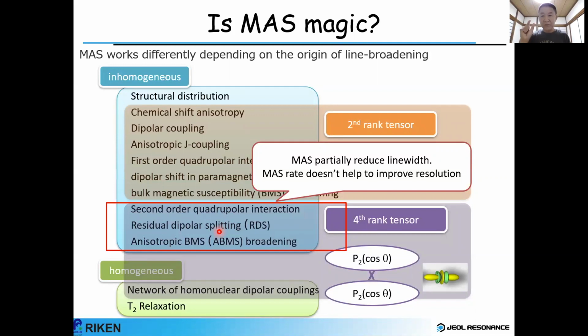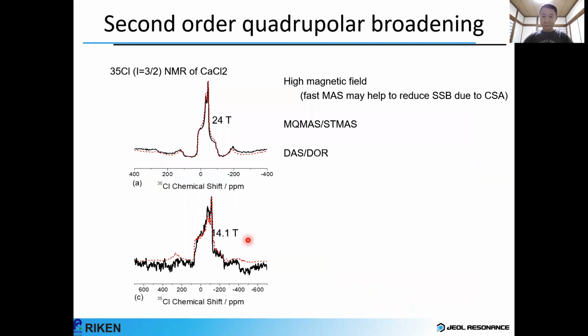That's fine. And the second rank tensor we can get rid of by magic angle sample spinning. But for the 4th rank tensor, magic angle sample spinning only partially reduces the line width, and we cannot reduce the line width by spinning fast. So for this sample, fast MAS is not useful.